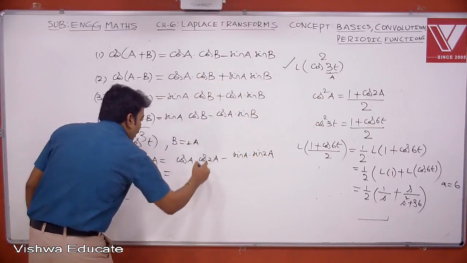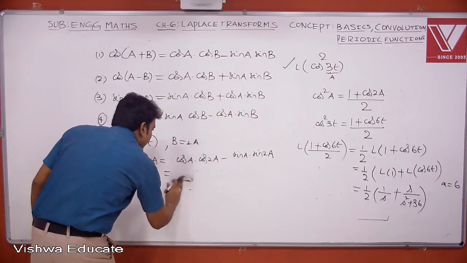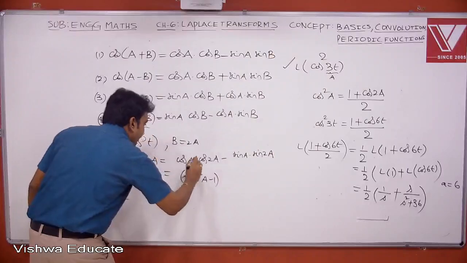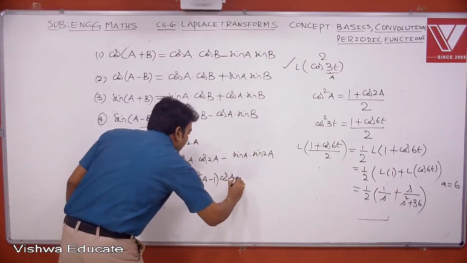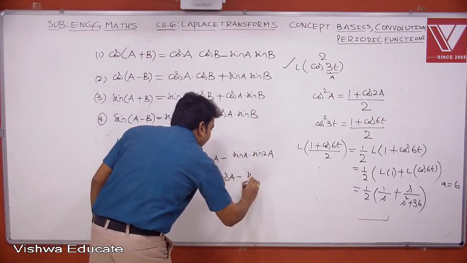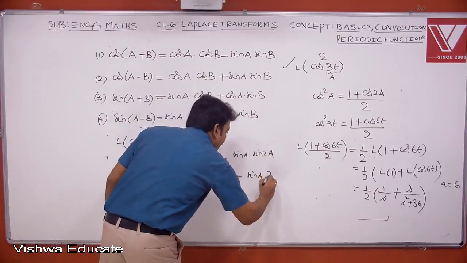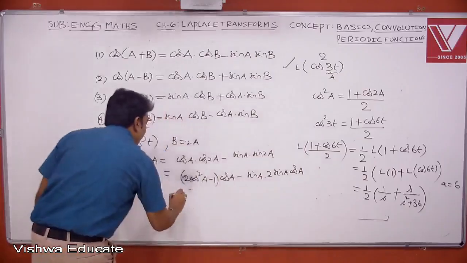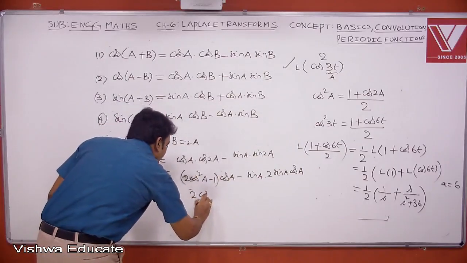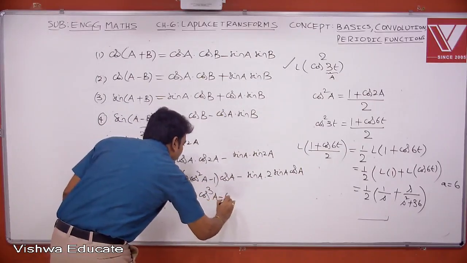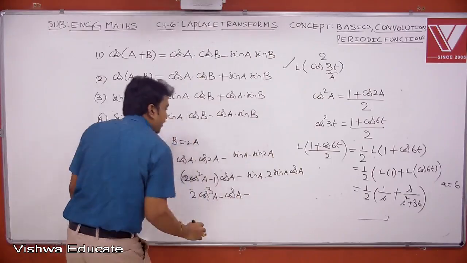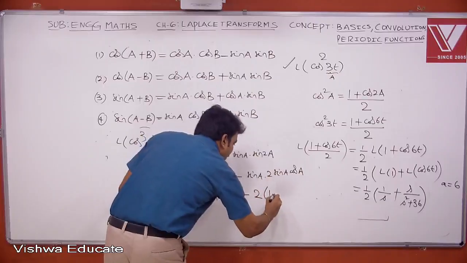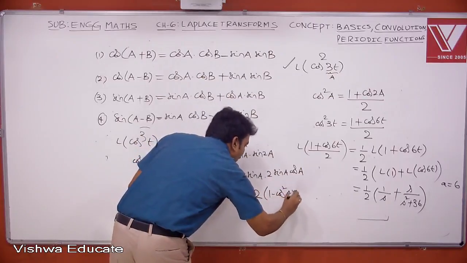So therefore cos 2a is 2 cos square a minus 1, into cos a, minus sin a into sin 2a, which is 2 sin a into cos a. Therefore this one is 2 cos cube a minus cos a minus 2 into sin square a into cos a. Sin square a is 1 minus cos square a.